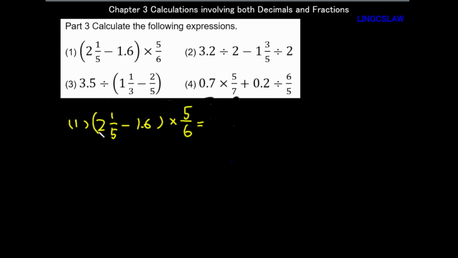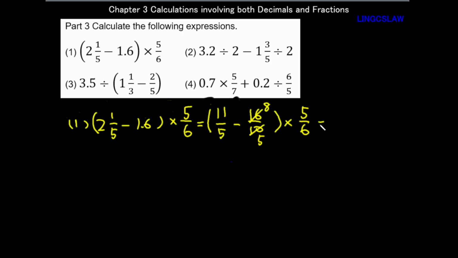First, let's change this one to 5 times 2 plus 1 equals 11, over 5, minus 1.6 is 16/10, times 5/6, so 11/5 minus 8/5 equals. Because the denominator is common, you can just subtract.